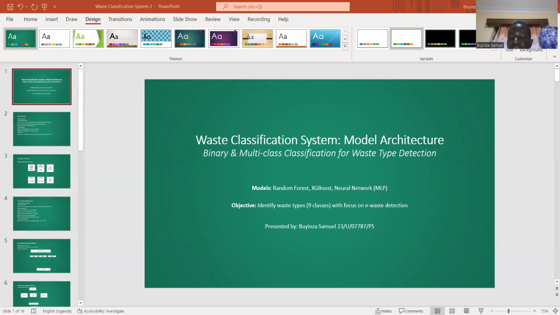Yes, good evening. This is Benza Samuel, and I'm covering the second bit of the models, that is for the waste classification system.